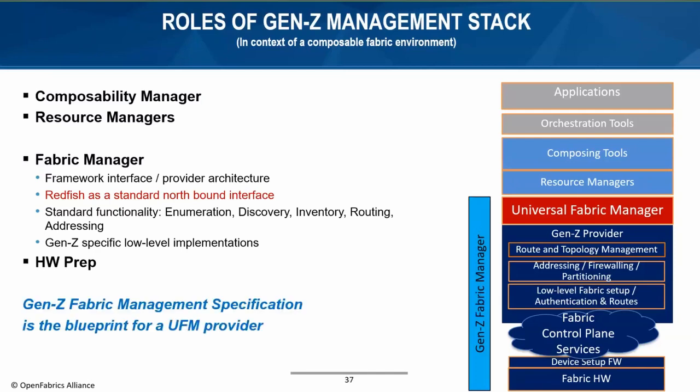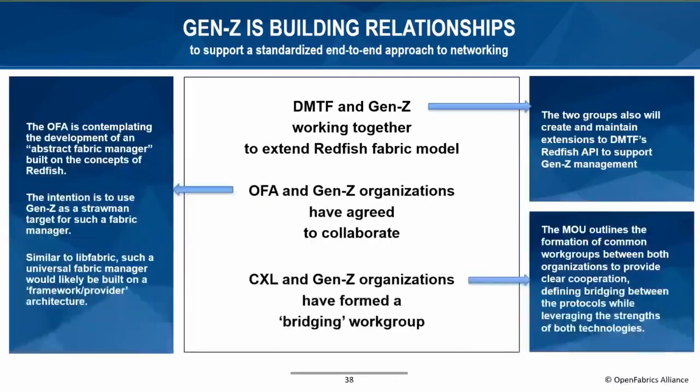We think the Gen Z Fabric Management specification is a pretty good blueprint to start with for a UFM provider. That's why our recommendation to use Gen Z as the first fabric provider is there. So this proposal is right in line with Gen Z's strategy. Next slide, please.